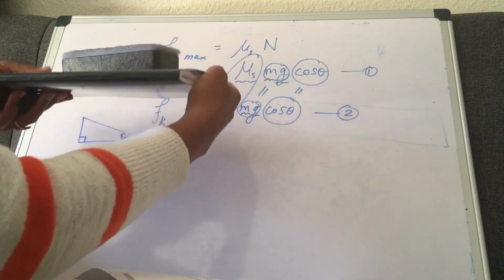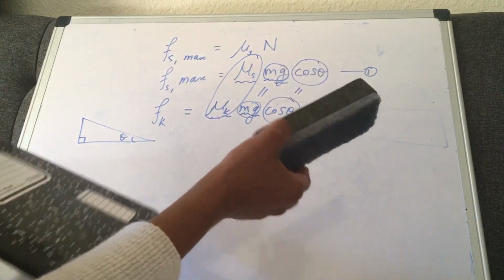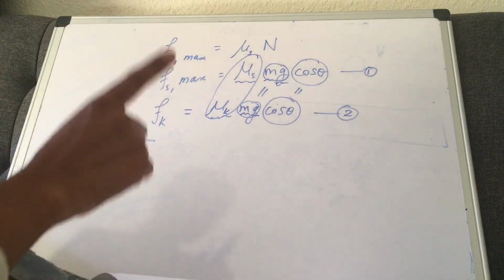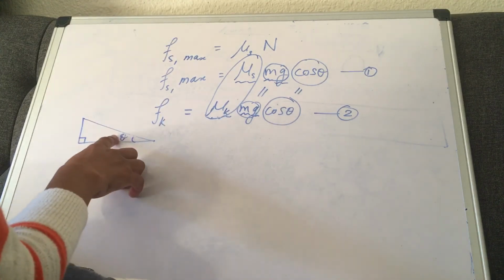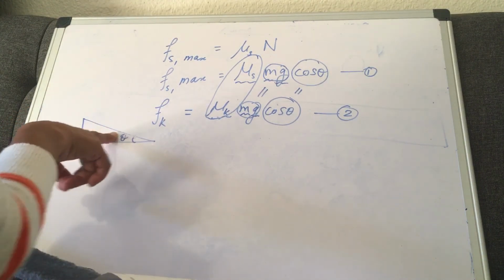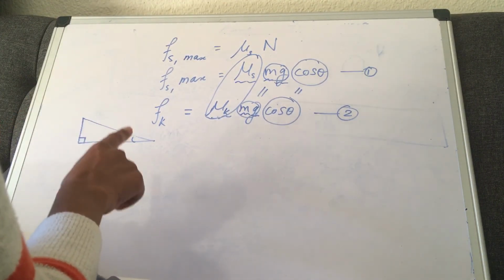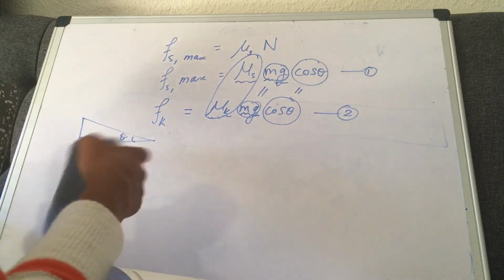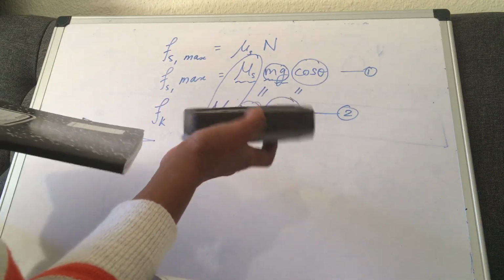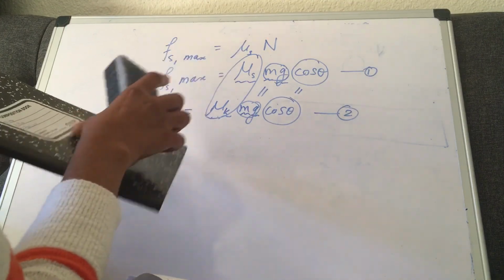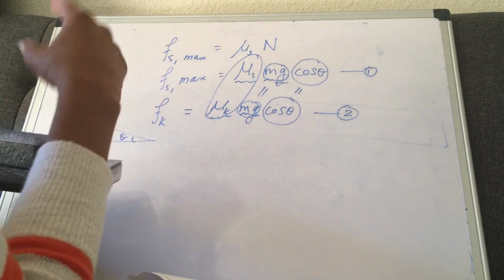So that maximum angle at which the object starts to slide, that value of theta, if you take the tangent of that angle, will give you the coefficient of static friction between these two surfaces. Okay, so that is mu s.